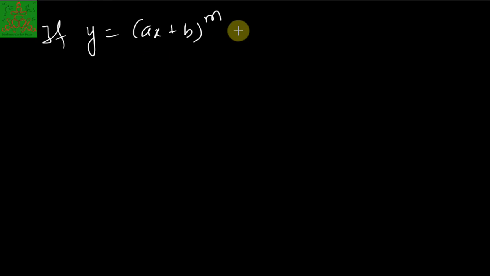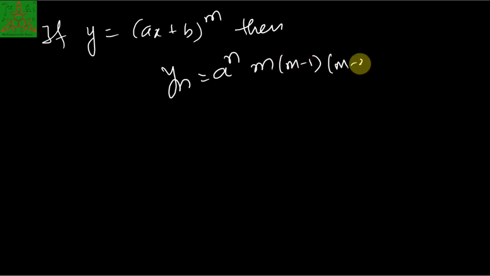So hence what we can say is, if y is equal to (ax+b)^m, then y_n is a^n m(m-1)(m-2) up to (m-n+1) (ax+b)^(m-n).